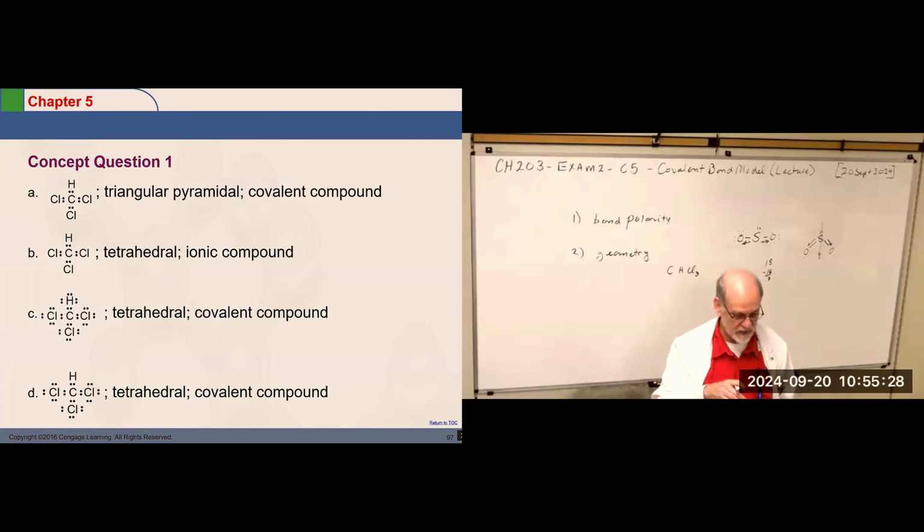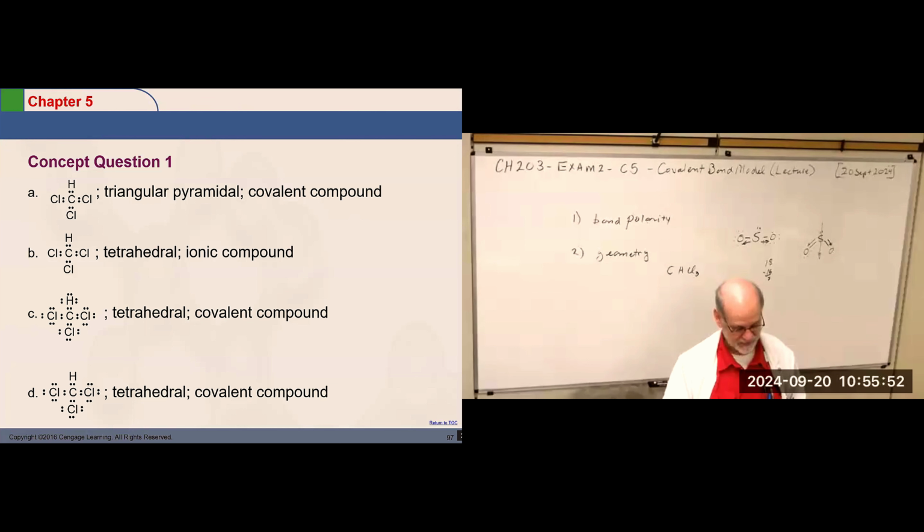Now, which ones actually obey the rules? Well, look down at C. They've got an octet around hydrogen, right? I don't think so. Then we can throw that one out. How about the chlorines? Well, A and B both don't have octets around the chlorines. Throw them out.